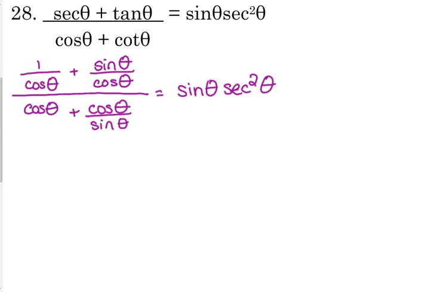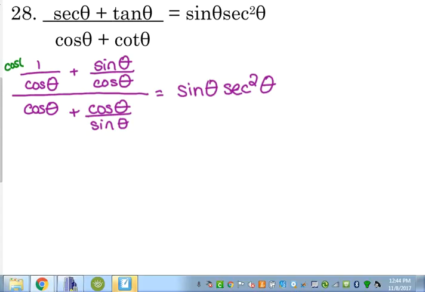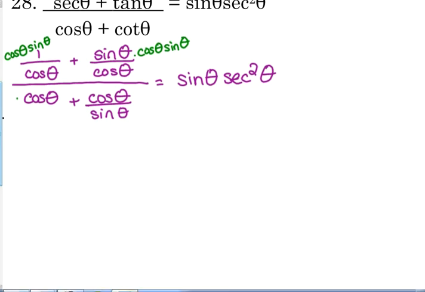How about we just eliminate our denominators like I've always shown you, okay? So we've got cosine of theta in the denominator, and we also have a sine of theta in the denominator. So we're going to go through, multiply everything by cosine theta, sine theta. Oops.